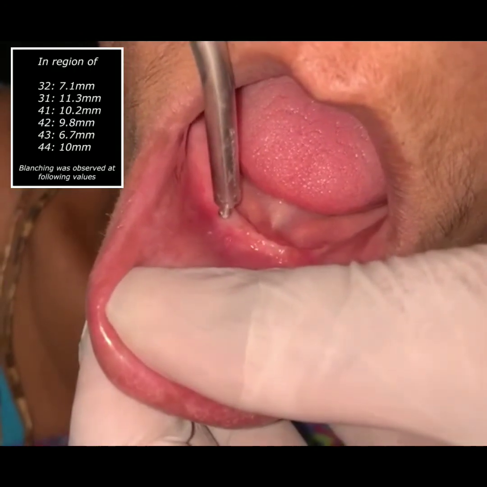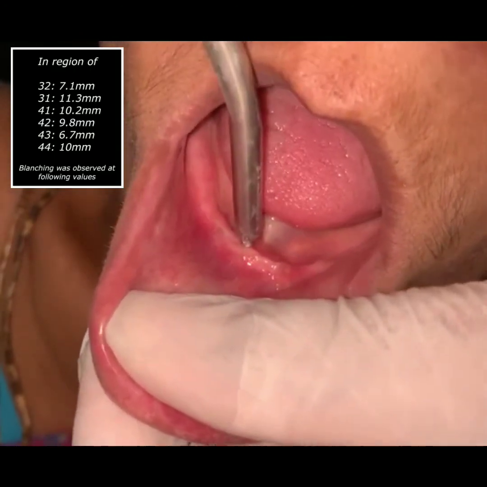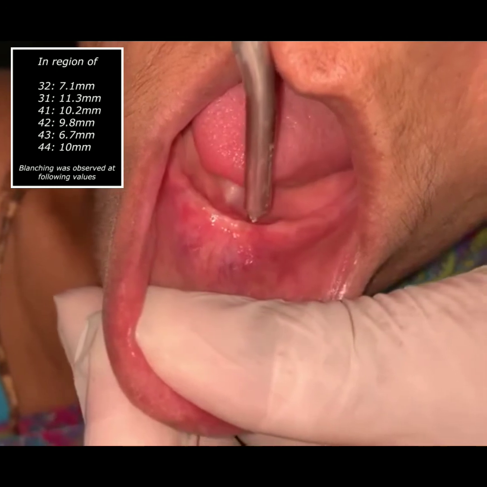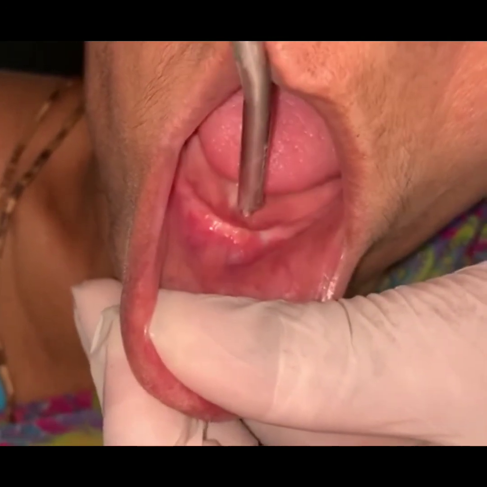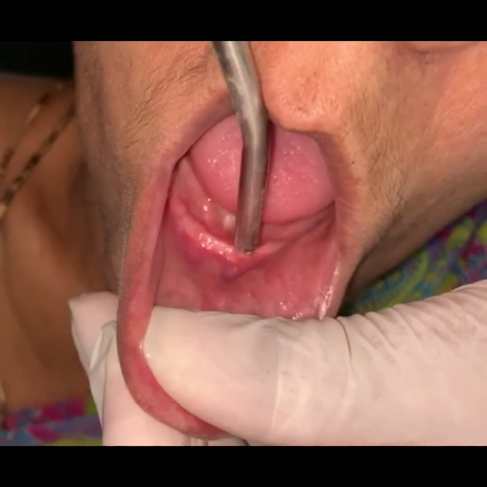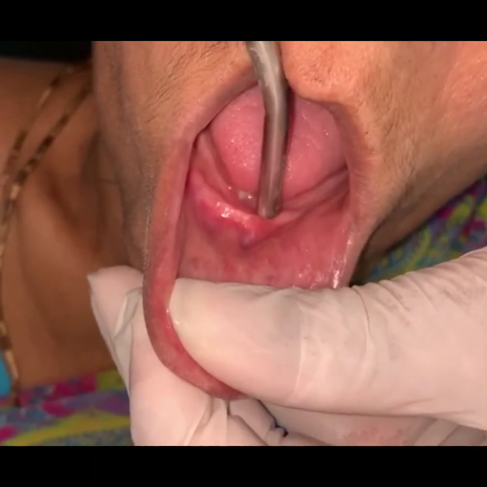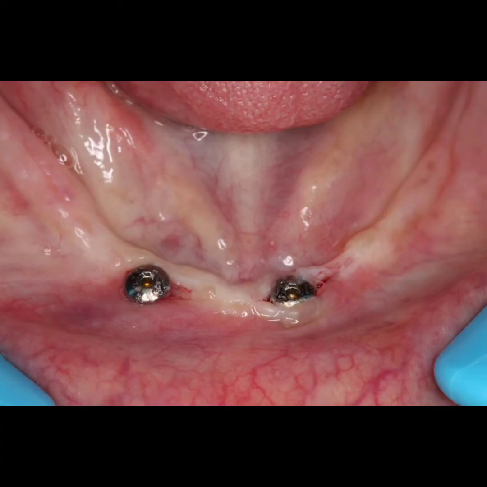The chart above shows all the values of the sites that we recorded using the Compograph. Once we were able to locate the implant, a punch was made and the healing abutments placed. This Compograph turned out to be a useful instrument in clinic.